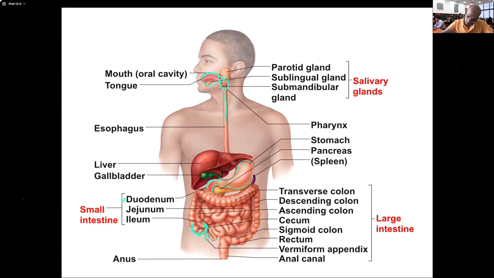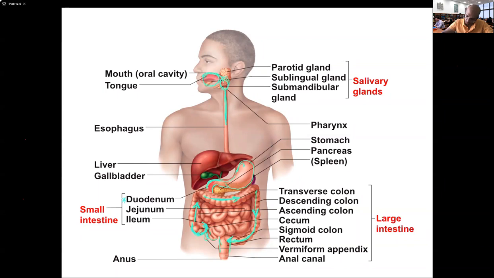The cecum will allow the feces to travel up through the ascending colon, horizontally through the transverse colon, and then down through the descending colon, and then flips towards the midline, conducting the stools to the rectum through the sigmoid colon.